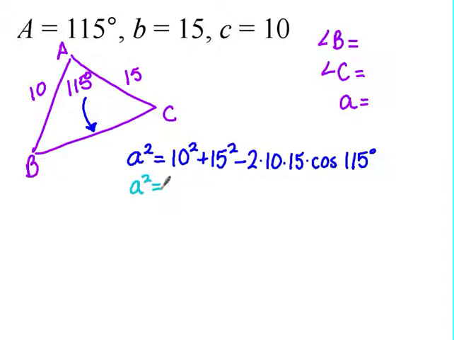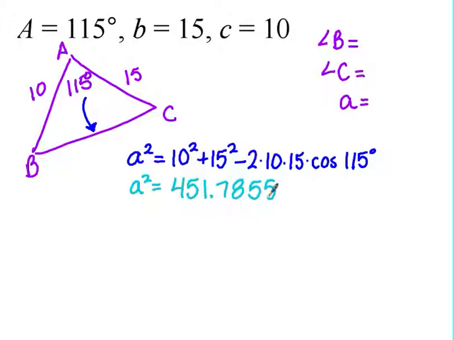And what do you get a squared to equal? Big number. I got 451. Somebody else get that? 451.75855 if I go to 4 decimal places.